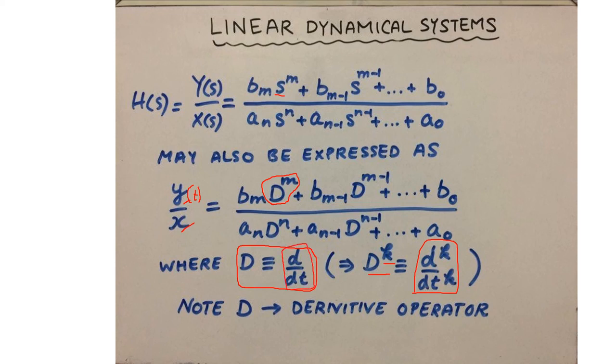So here again we have an nth degree polynomial in the denominator and an mth degree polynomial in the numerator, and it looks very similar to the transfer function. All we have done here is replace s with the operator D. So D is the derivative operator in this case.